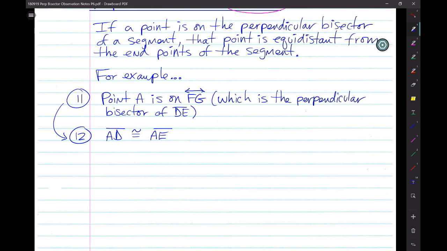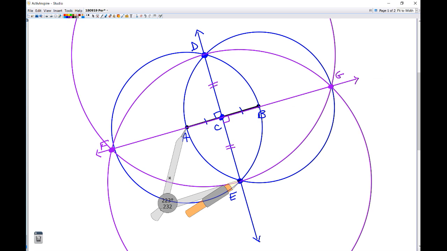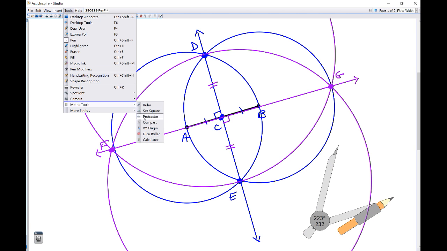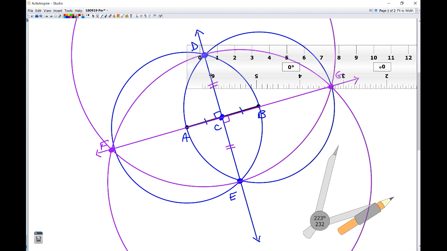Well, we need to get this included in our diagram. We need some straight lines with some congruency markings that connect A to D and A to E. So I'm going to grab my ruler. You guys have the straight edge on your protractor that you can just use.